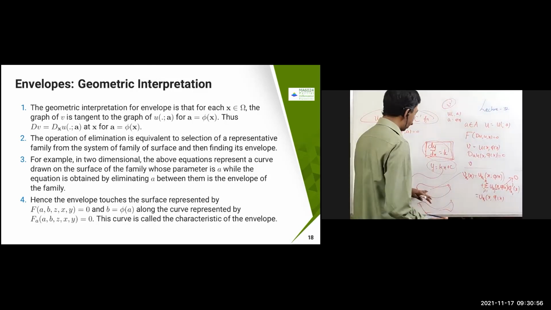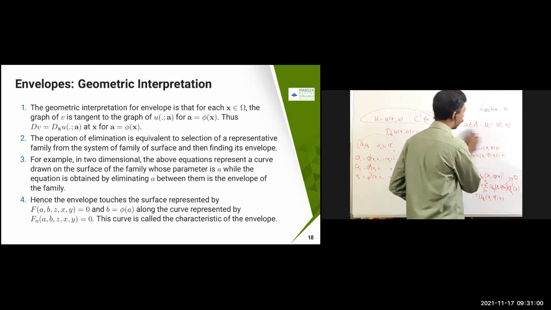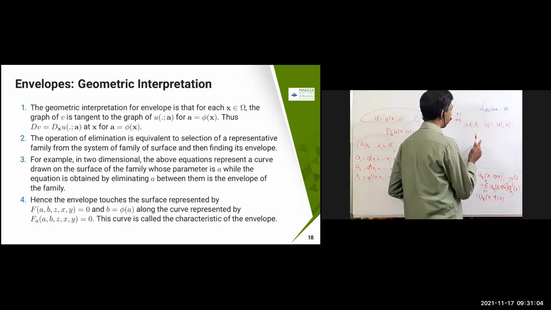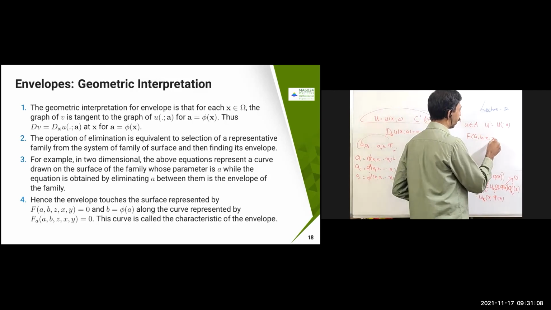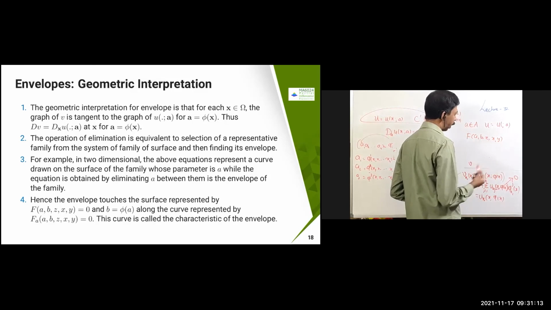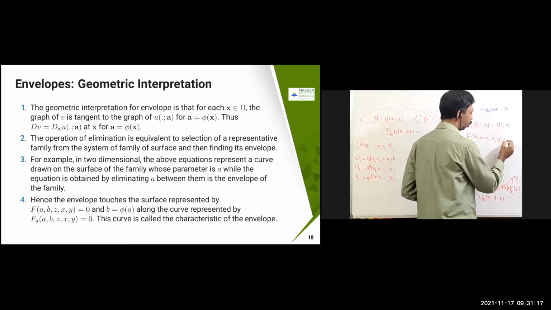Suppose the envelope touches the surfaces represented by this formula for the 2D case. So f of a comma b comma z comma x comma y. Z is nothing but u. Sorry, z equal to u equal to 0.